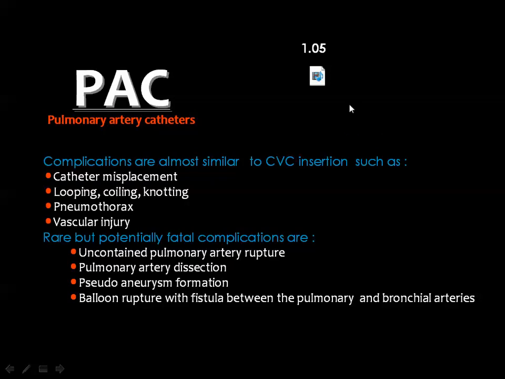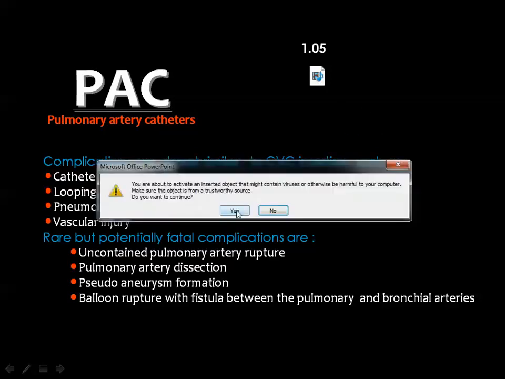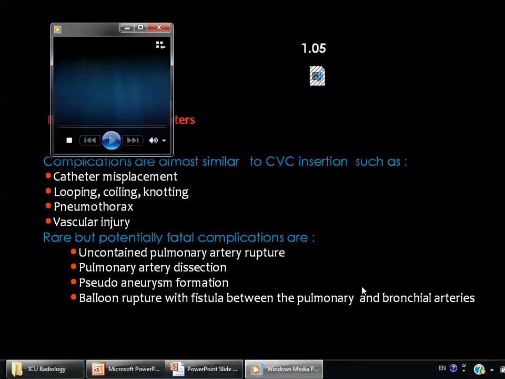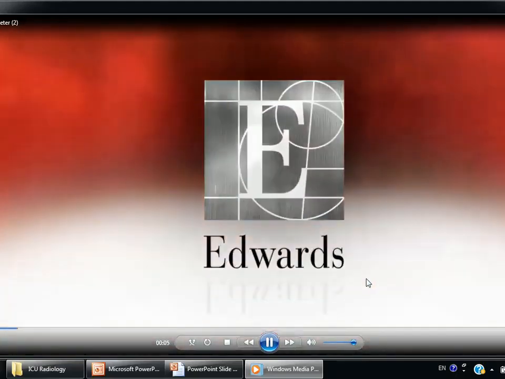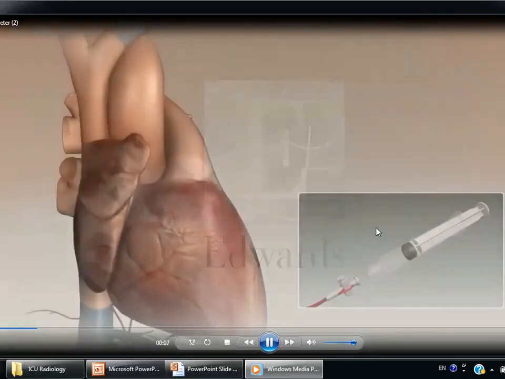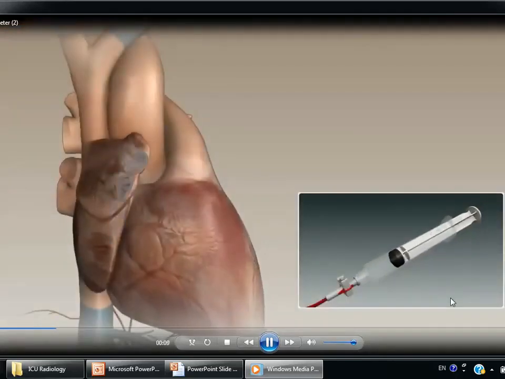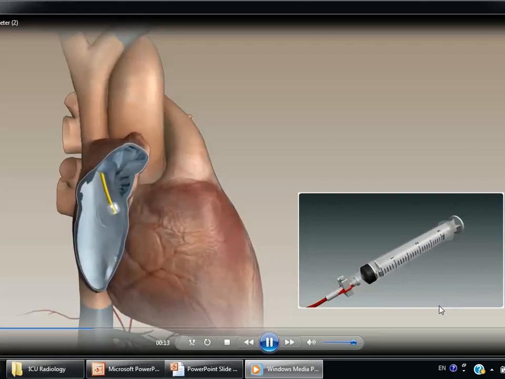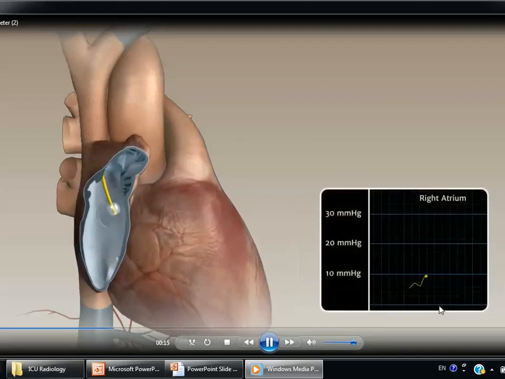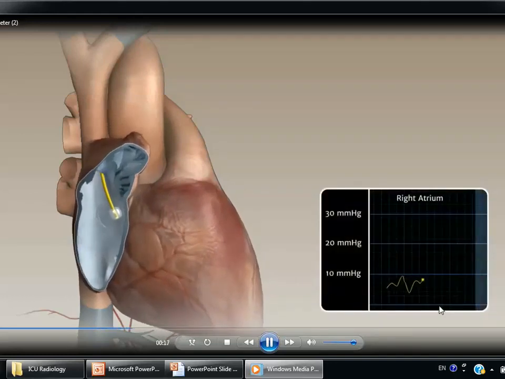And this is also a short video to show you how they control the catheter using the electrocardiogram, and it will also show the flow of the catheter, or the pathway of the catheter, through the superior vena cava and in the right atrium.